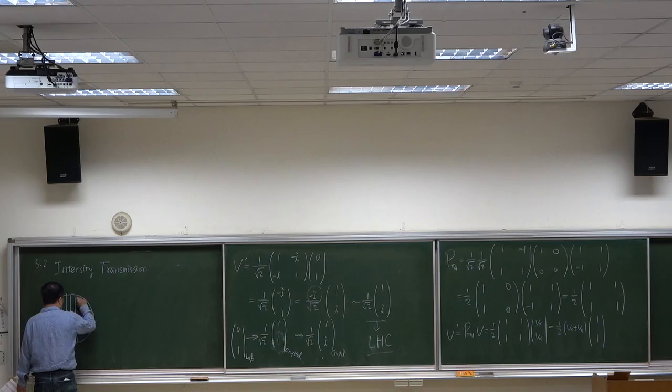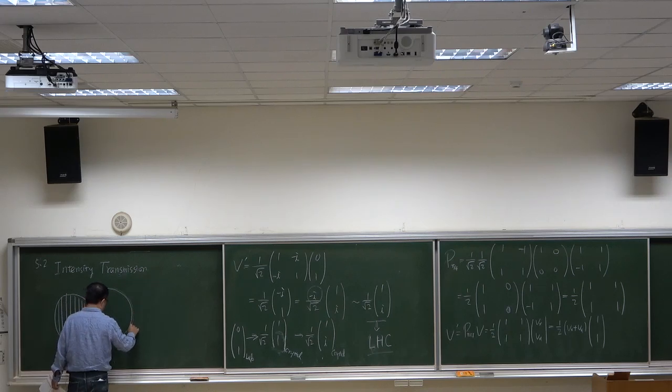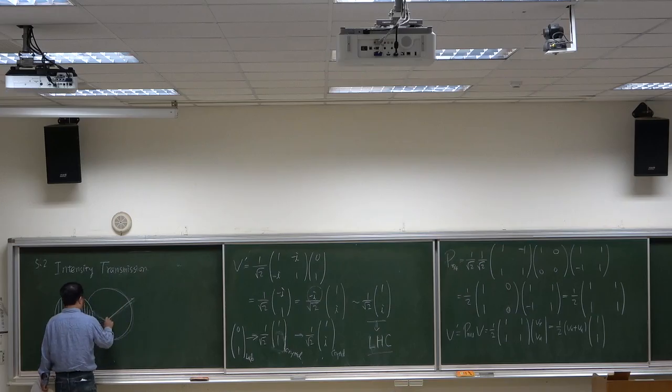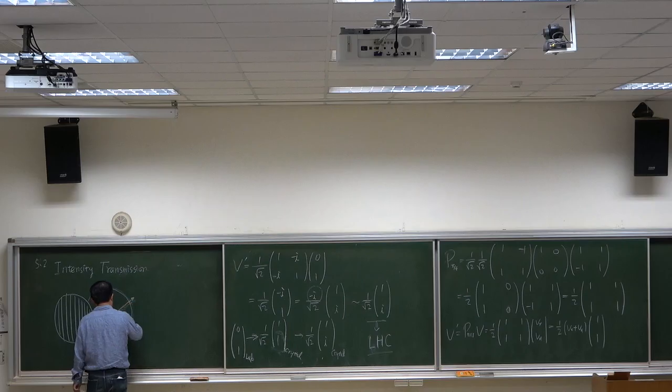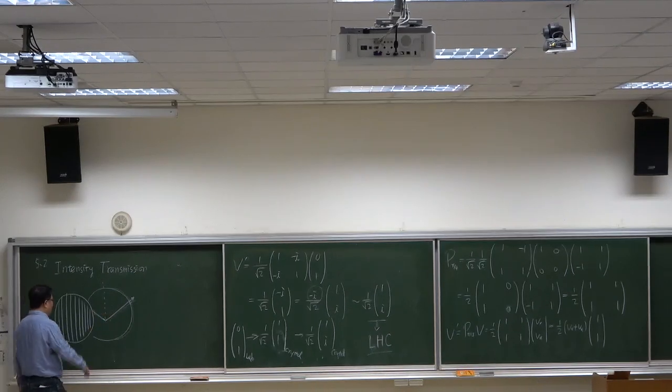First we have the original polarizer whose transmission axis is along some direction. Then we consider a wave plate whose two axes, slow axis and fast axis, make 45 degrees angle with respect to the x-axis.